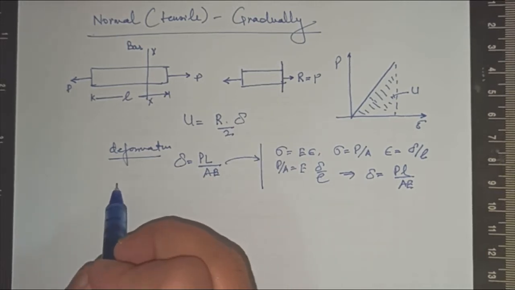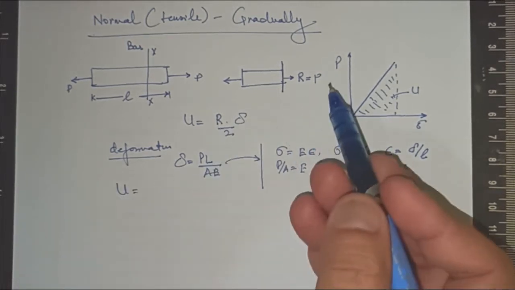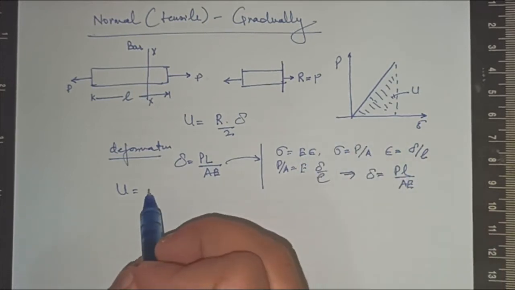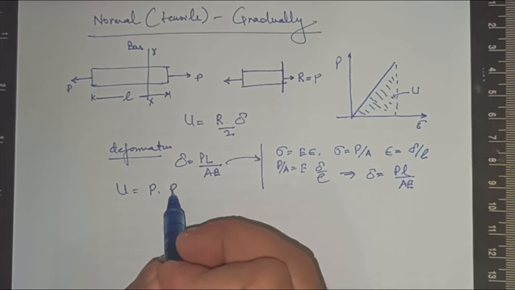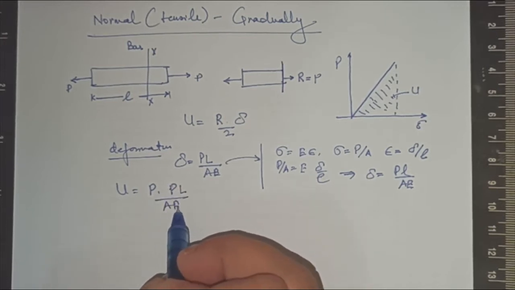So what will be the strain energy? R, as I said, is equal to P. So this is P times delta, which is PL upon AE, times 1 by 2.